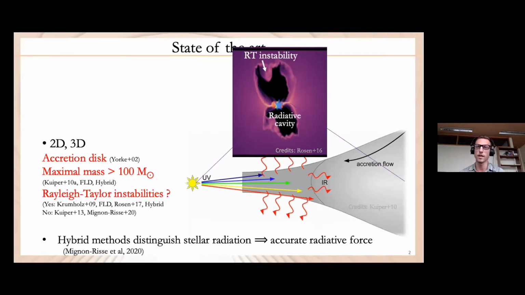And because of that, they interact with the dust and the gas at a very different opacity. And when you only use, let's say, one radiation component, then the radiative force was very largely underestimated.